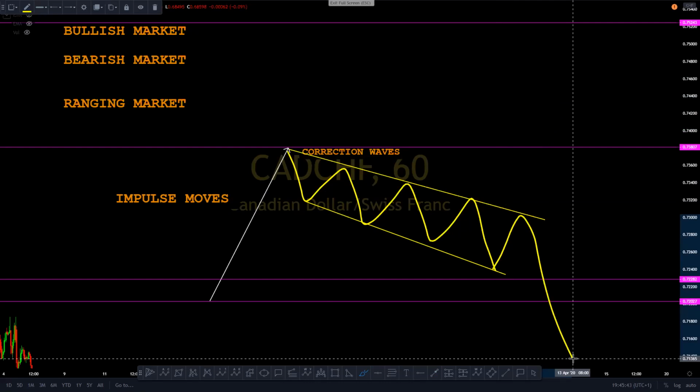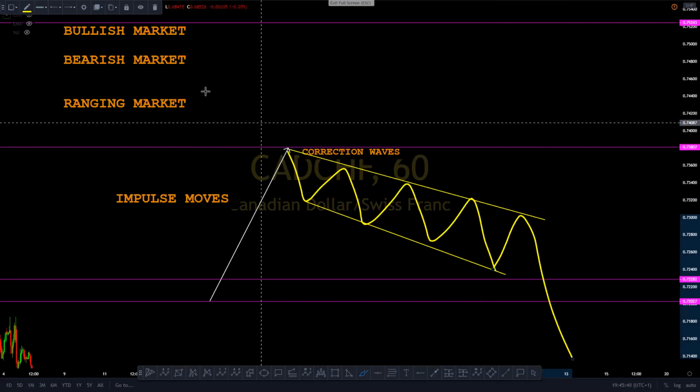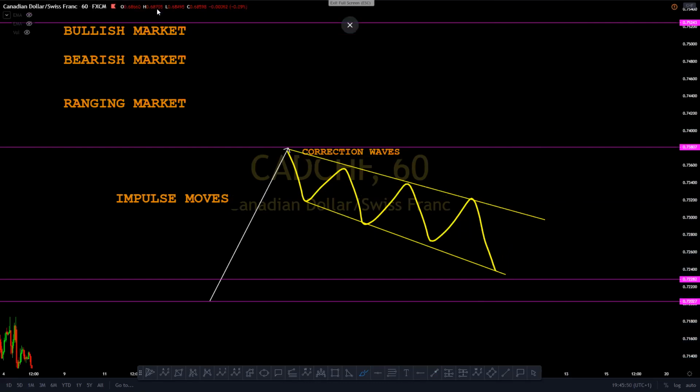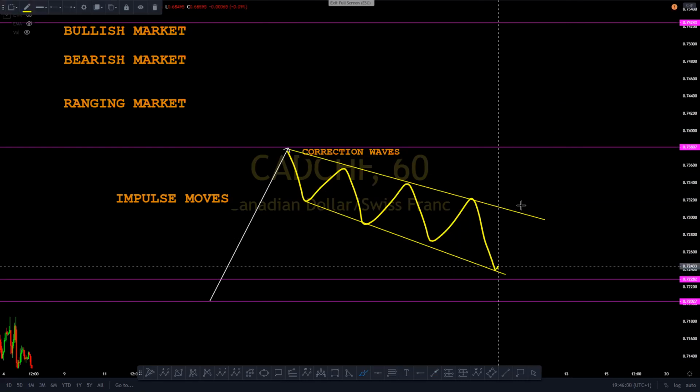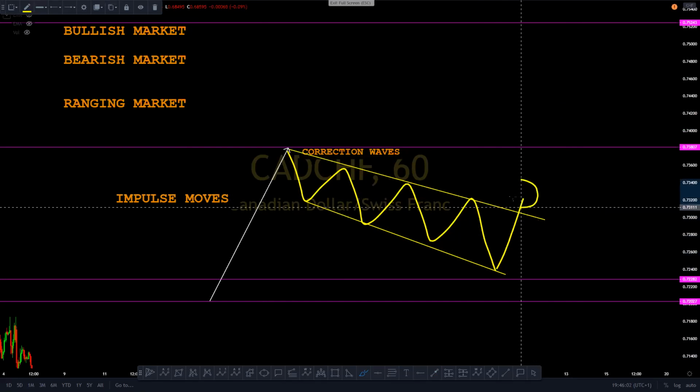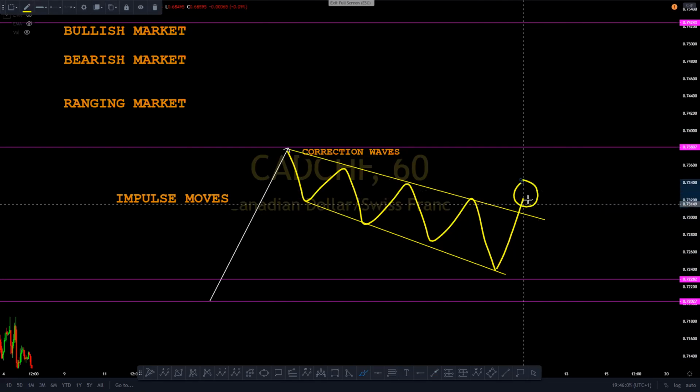Are you with me? So the only thing that will invalidate the structure is fundamental news. There is a kind of news that can come up that will invalidate this structure. But in the technical aspect, when you wait for the breakout at the top, this level, close above, you pick your position.